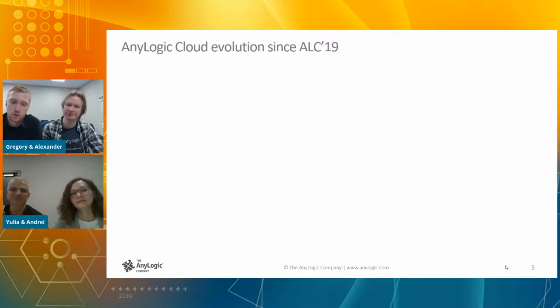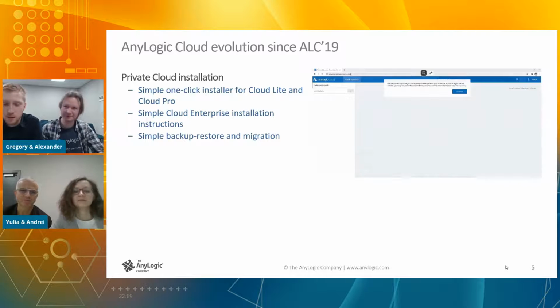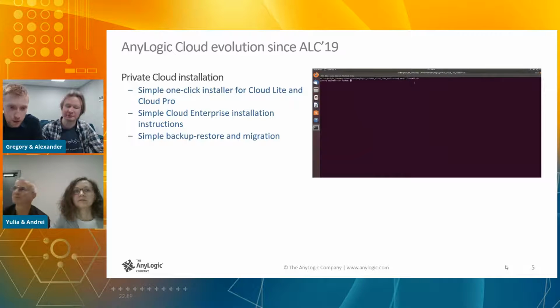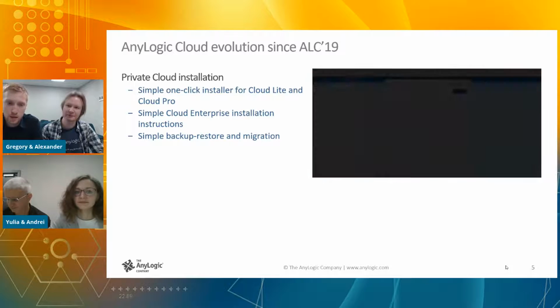Those of you who tried to install Private Cloud remember that it is very complicated software which you install on a server. It was hard to manage, hard to install. Now we have handled it, and Private Cloud Lite as well as Private Cloud Pro are provided with a simple one-click installer.